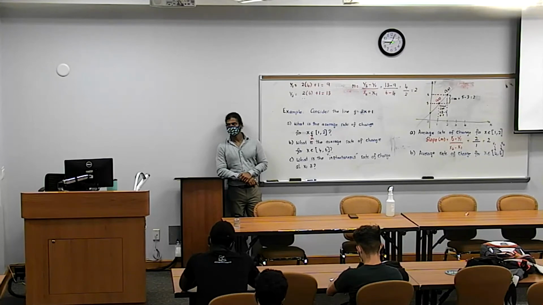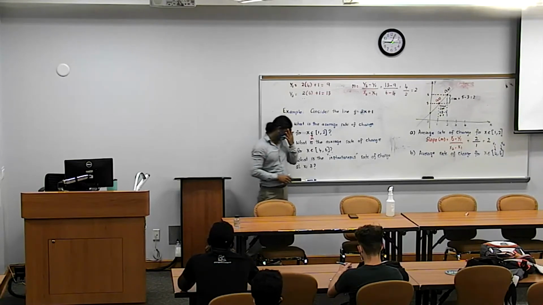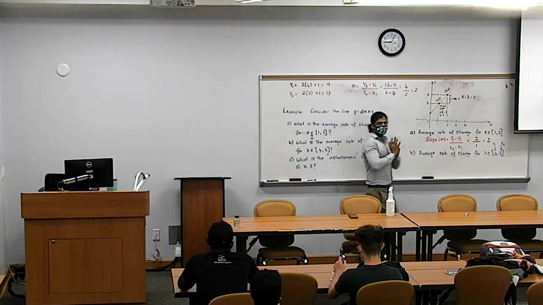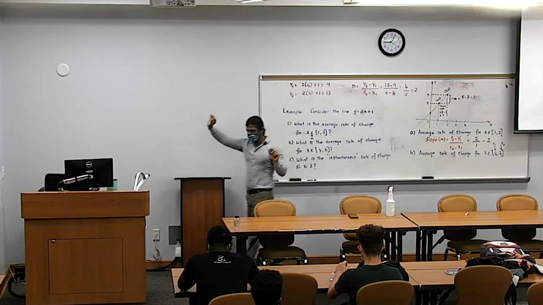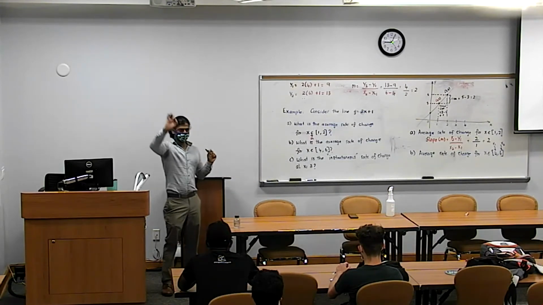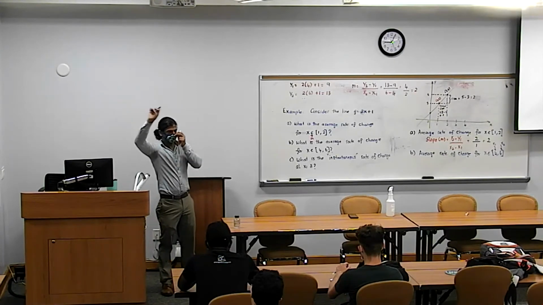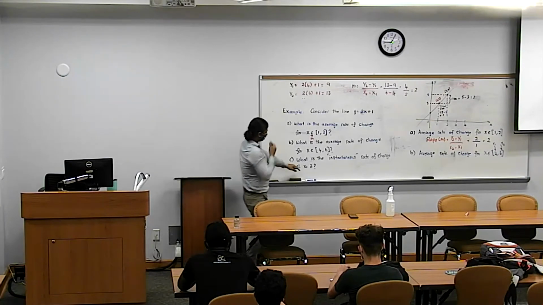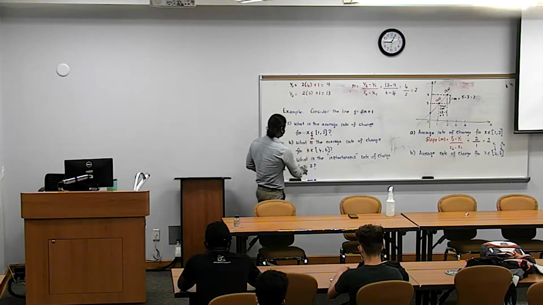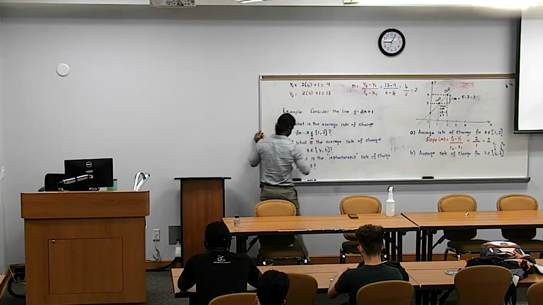It's still going to be 2 because the rate before it was equal to 2, and it's continuing to go at 2 because the line is constant. If you go back to, say, 20 minutes ago, I was drawing that line and I said no matter what point I pick on that line, the rate will be the same, right, at any given point. So at x is equal to 3, the rate would still be 2.